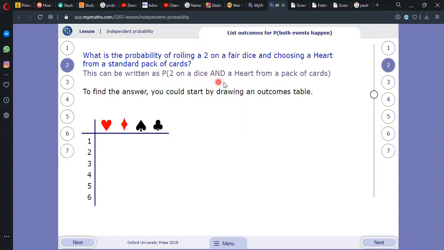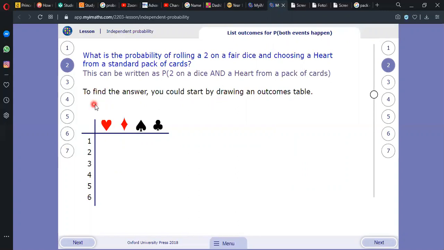That means that that word "and" is very important. It shows two independent events. That means one event and another event. But we are now trying to find the probability of the two happening at the same time. Of course, they are not affecting each other. That is why they are called independent events.